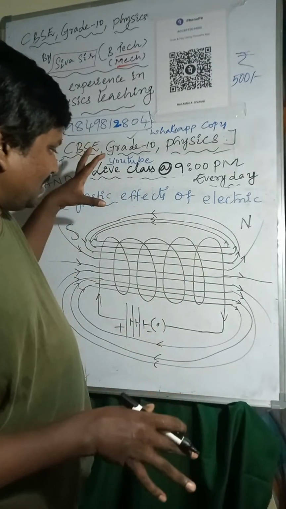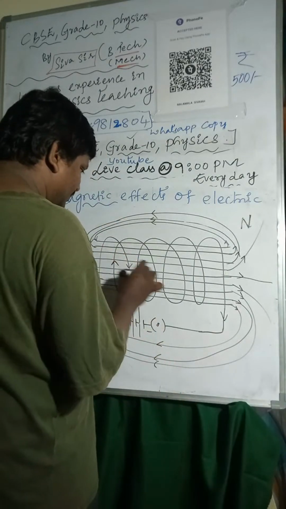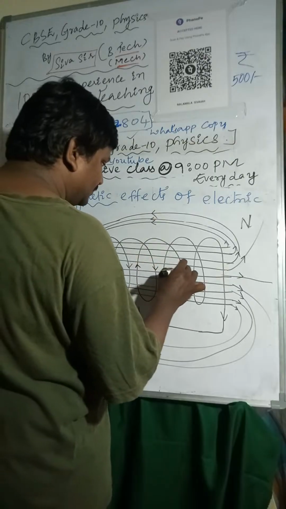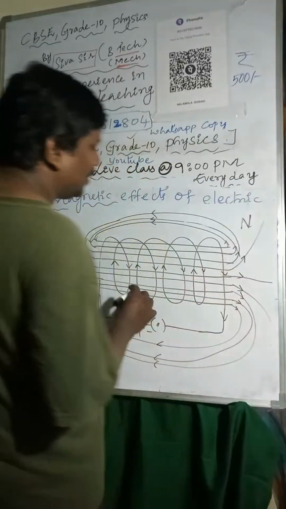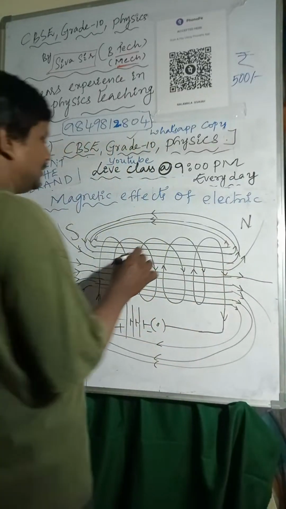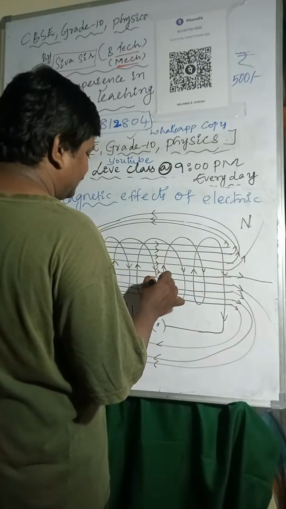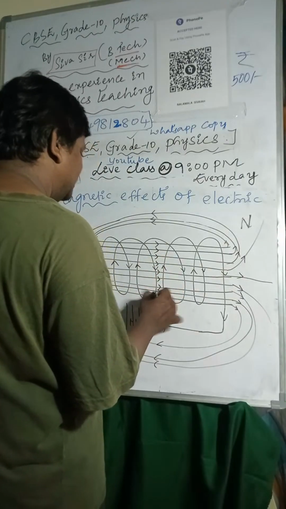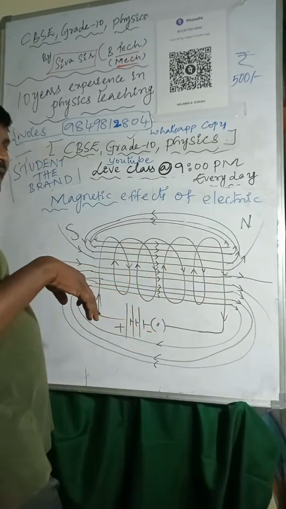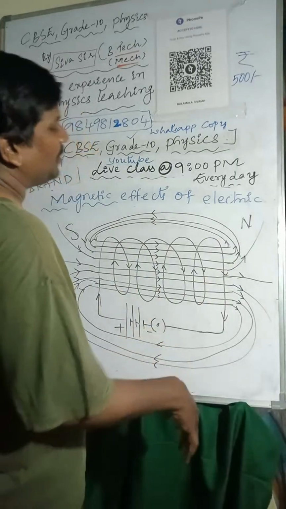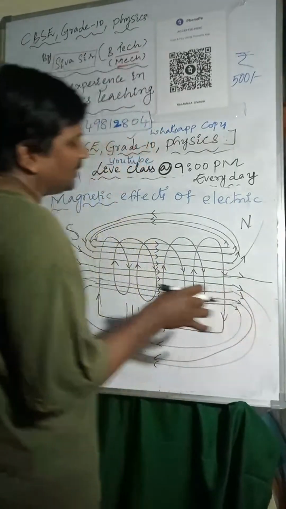And here you can observe that the magnetic field is moving inside from south to north, and outside from north to south.